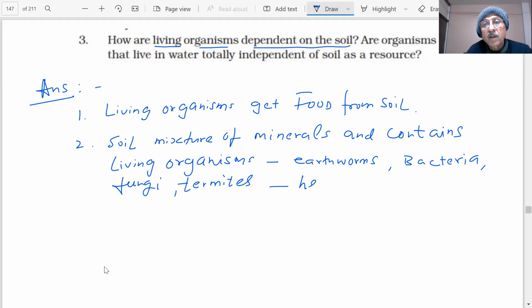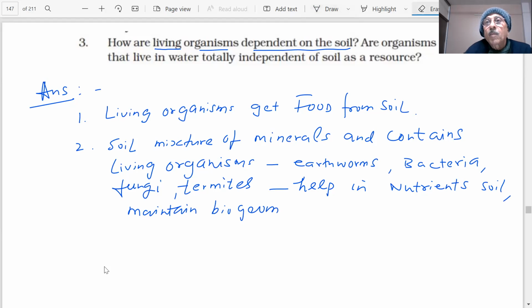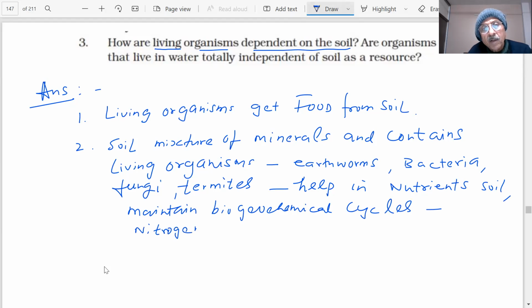They help in providing nutrients to the soil and even maintain certain geochemical cycles, like nitrogen fixation, etc. Did you see that?